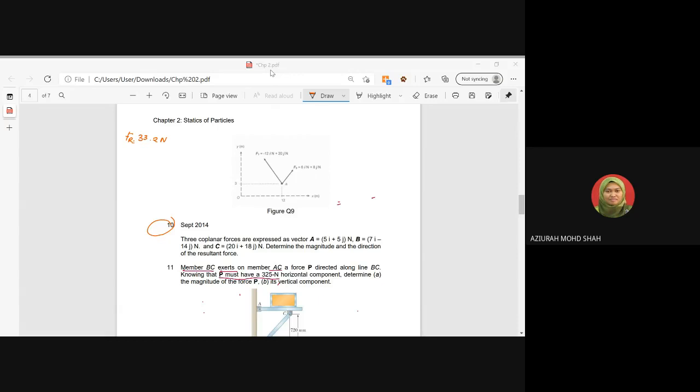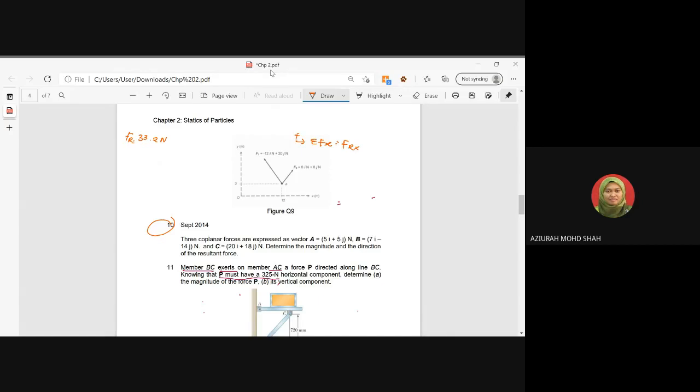So, it should be the way that you have to write as your answer scheme. You have to write the summation of fx. Okay, is equal to FRX. To the right it will be positive.